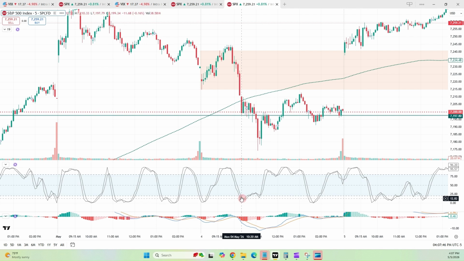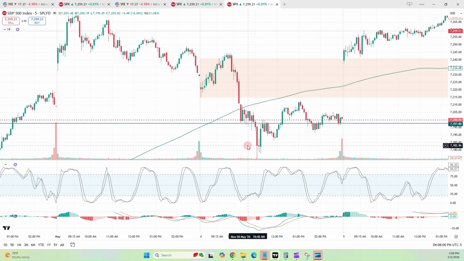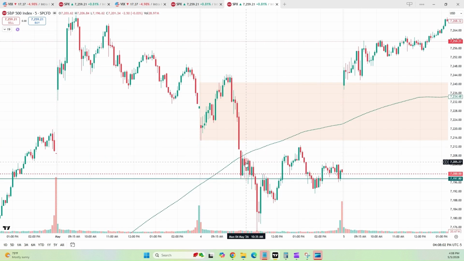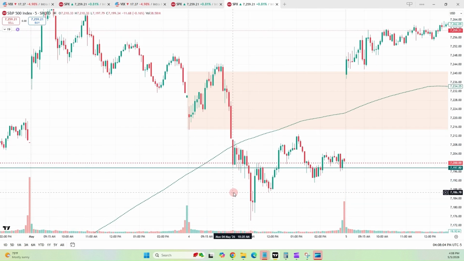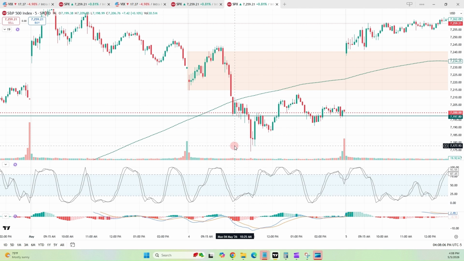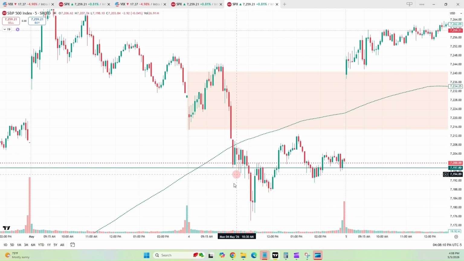We have a crossover of the fast and slow moving average for stochastic RSI, and that lines up with a signal candle, which is simply when the close is higher than the open on a 5-minute candle, again if our directional bias is to the upside. So we do have a valid setup, right at 10:30.